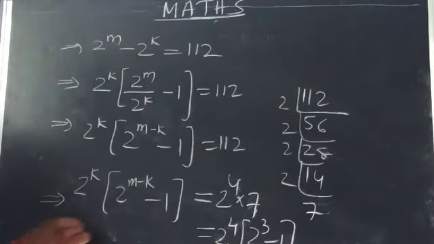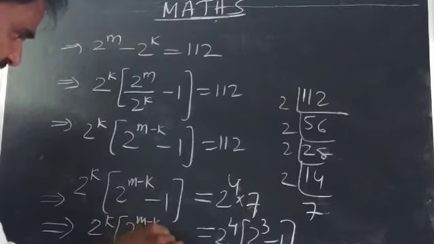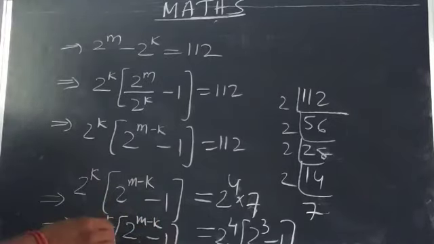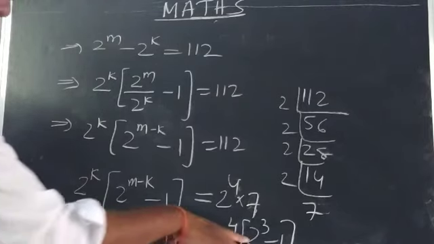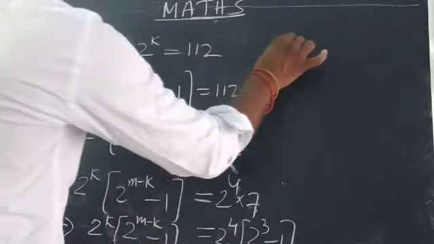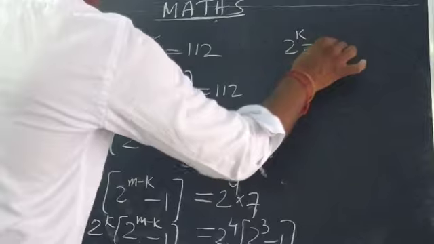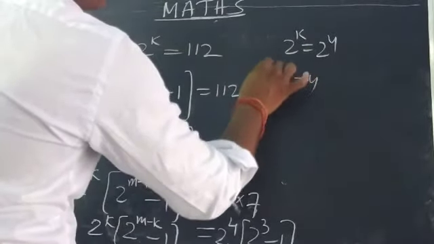Now observe on both sides. This is 2 power k, 2 power m minus k minus 1. By comparing on both sides, 2 power k and 2 power 4 are equal, and 2 power m minus k is equal to 2 power 3. So you will get k equal to 4.